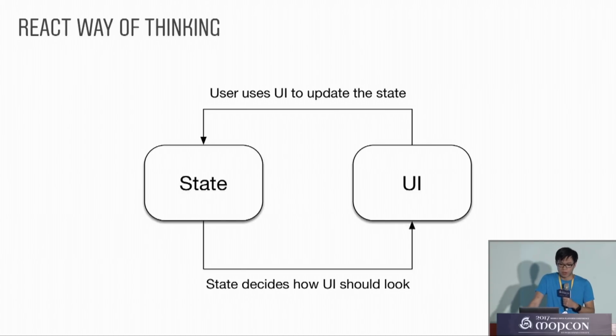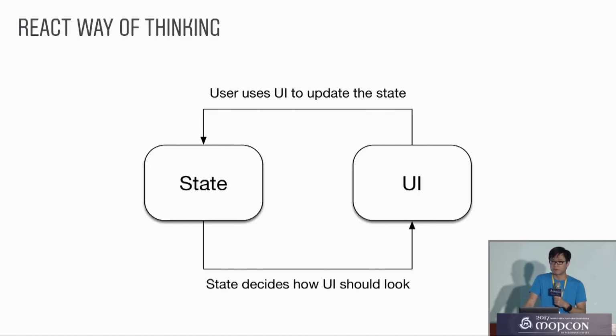The last principle I want to talk about is the React way of thinking. When React.js was first rolled out, I was amazed at how easy it was to write UI functionally. There are two concepts in React. You split the system into UI and state.